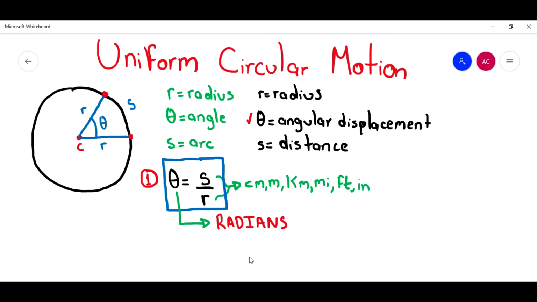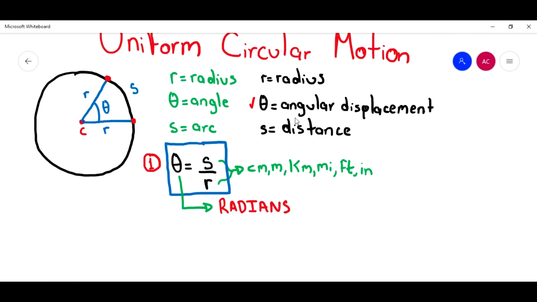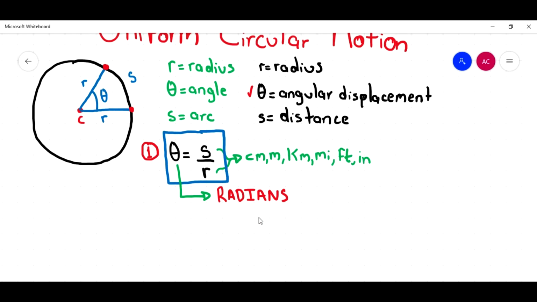So it's very important that you understand that the angular displacement is measured in radians. Of course, you can transform those radians into degrees, but the first units you get by solving this equation are going to be radians.